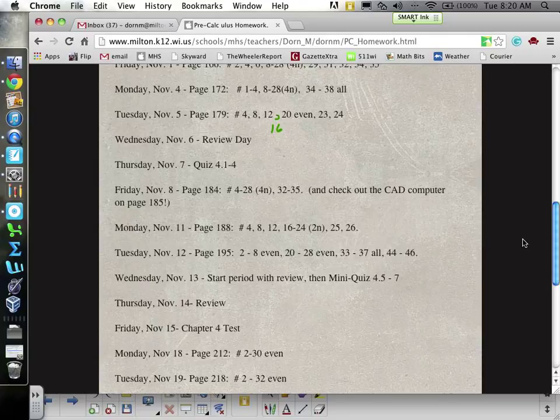There. It'll probably be up there for all time now. But I don't want you to worry about memorizing the law of tangents. I just want you to be able to use it. Fair enough?